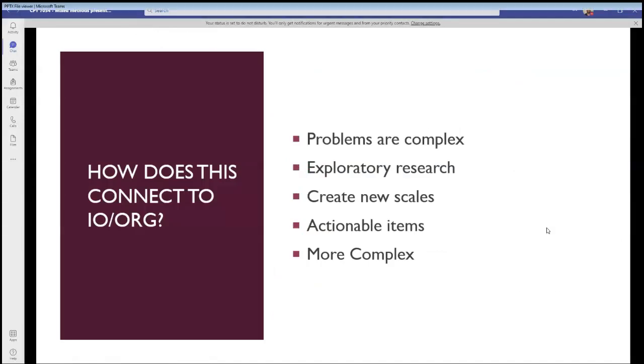So now with all this being presented, how does this apply to an IO context? Well, within IO, a lot of times problems are complex. Companies can be as small as 5 people or as huge as Amazon, over 1 million people. There are so many different facets with culture and different aspects, and so mixed methods is great because it can help attack these complex problems.